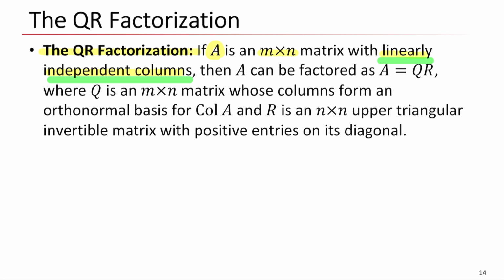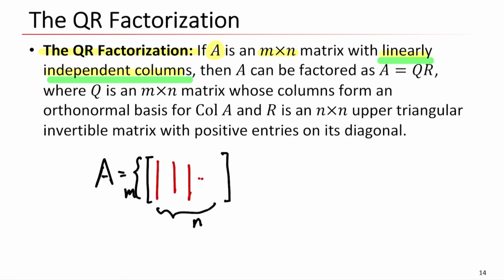So let's say there is a matrix A, the size of the matrix is m by n, and each column vector is linearly independent, right?